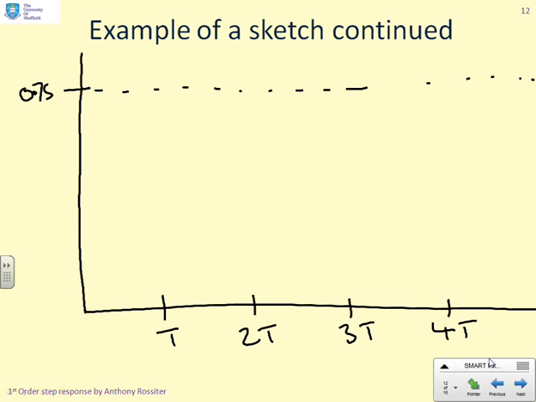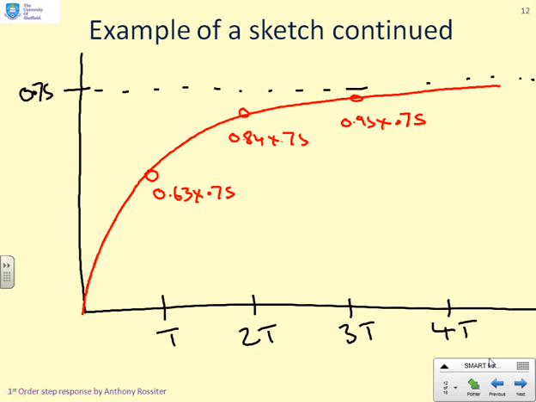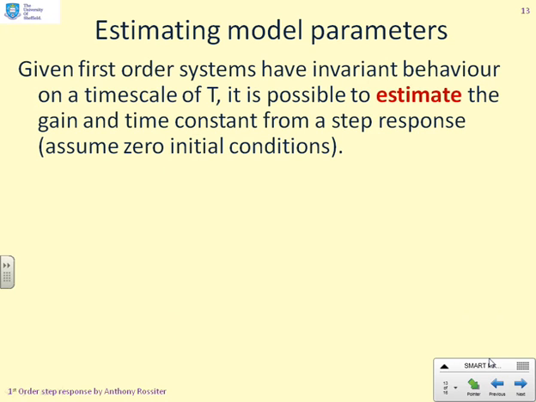I didn't calculate this exactly, but essentially what you've got there is that point, which is 0.63 times 0.75. And then you've got this point here, which was 0.84 times 0.75, and this point here, which was 0.95 times 0.75. So I can now draw a sketch like that.